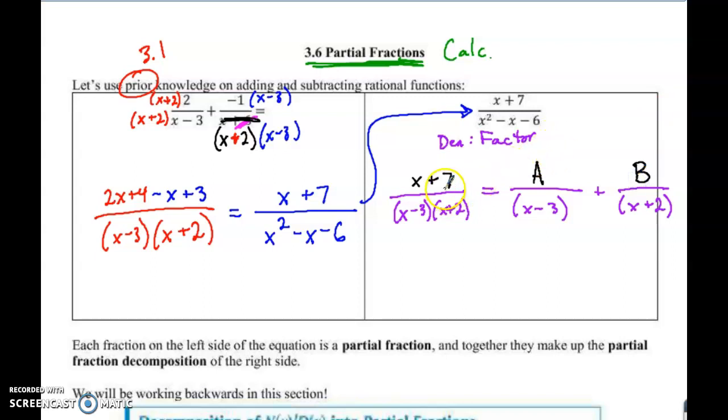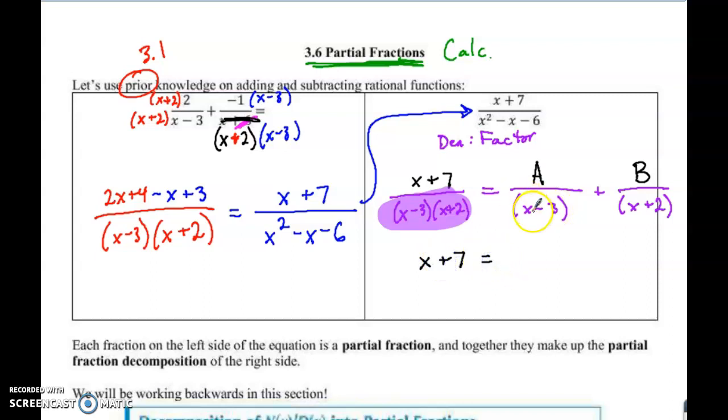And the whole premise is to multiply everything by this denominator. Because if I multiply everything by this denominator, x minus 3, x plus 2, it'll cancel out that, so I'm just left with x plus 7 on the left side.